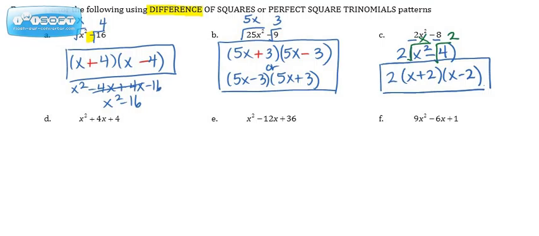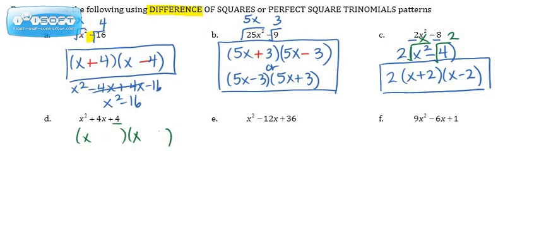Okay. Next, we can move on to D. So this is one of the perfect square trinomials. And again, these are more difficult to recognize. So first thing I want to do is I want to put an x and an x. And I'm looking for two numbers that multiply to 4 and add to 4. So hopefully we can realize 4 and 1 would not add to 4.